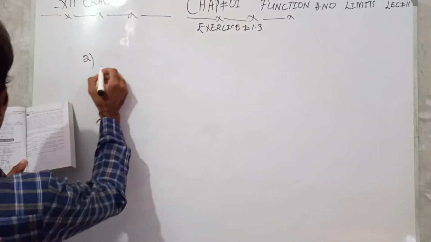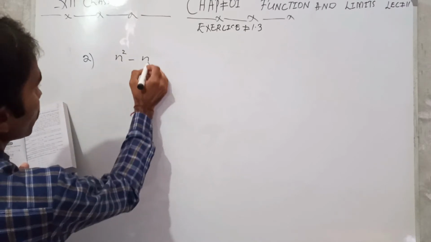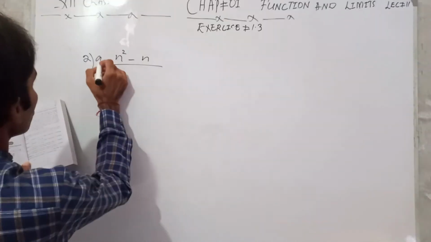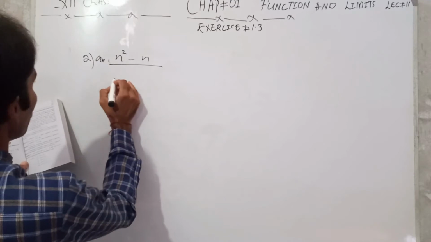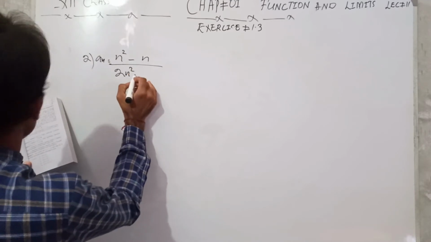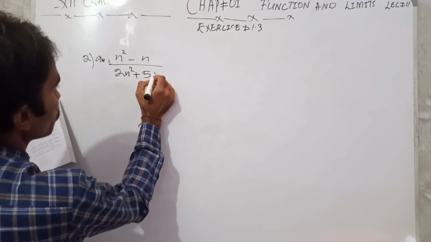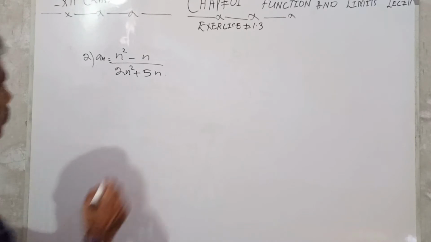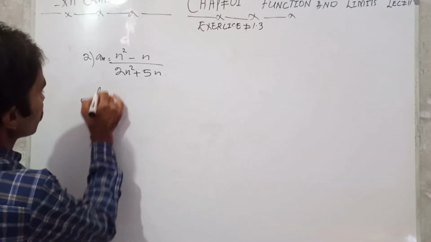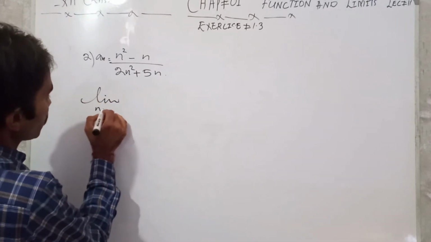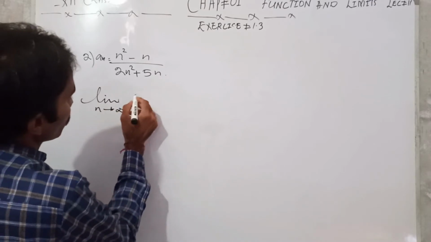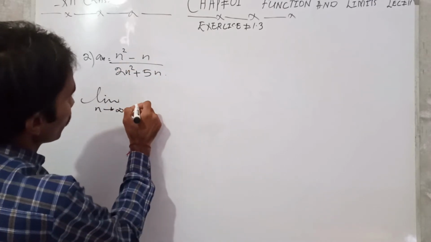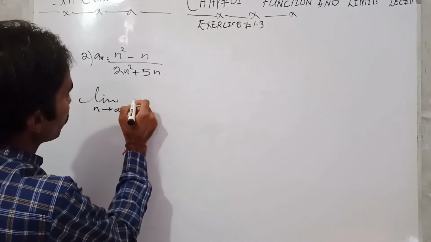The second problem: a_n is the general term, (n square minus n) divided by (2n square plus 5n). We will do it the same way as we have already done. We take the limit as n approaches infinity. We take the common n square, which is the highest power.